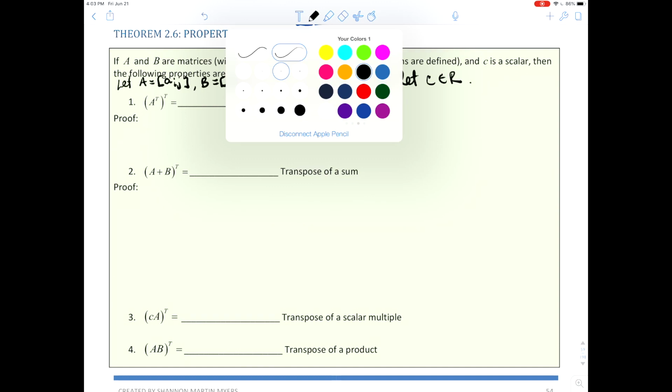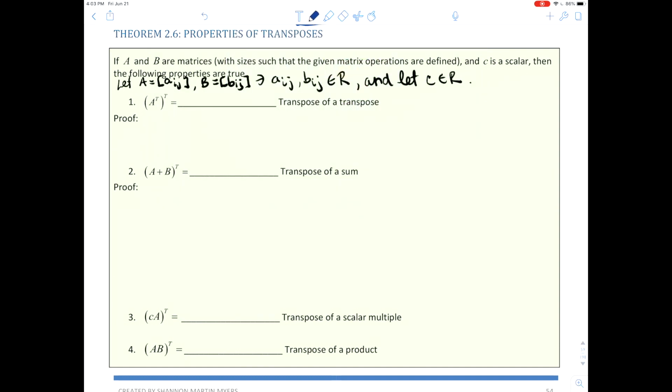Cool. All right. So number one, it turns out that (A transpose) transpose is just A. Okay, so A transpose transpose, what would this equal? Well, if I put A in terms of a representative element, I would get Aij for my A. That would be transposed, and then I'd have another transpose out here.